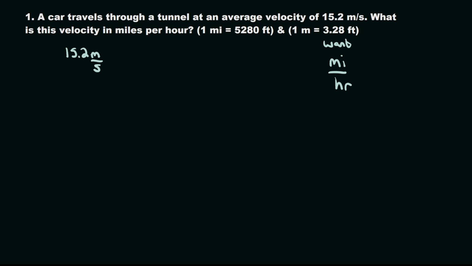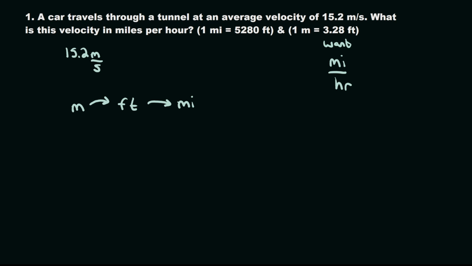Distances relate very well, such as miles and meters, and that's what we were given: 1 mile is equal to 5,280 feet, and 1 meter is equal to 3.28 feet. So with the meters, we can go directly to feet with the second conversion factor, and then directly to miles with the first conversion factor. So there are 2 conversions that we have to do for meters.